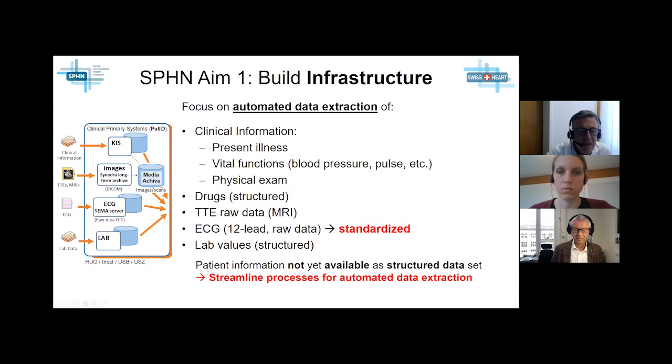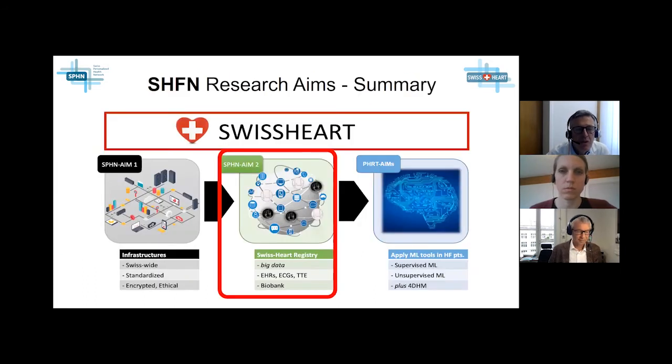But the key thing is that not all of those parameters that are key and will determine diagnosis and prognosis in the end are yet available in a structured fashion, and it's not the same Swiss-wide. So one of the key tasks of our project is to streamline the processes for automated data extraction, local and Swiss-wide. I come to the second aim very shortly to set the base for a detailed look at the infrastructure.